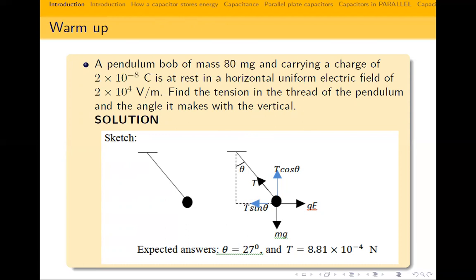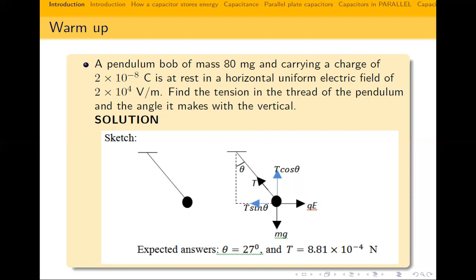So this question combines two things. It combines the electric field part, and it also combines the mechanical bit, because now we're dealing with tension in the string. So like I said last week, the first thing to do is usually to sketch, so that you get an idea of what the question looks like.